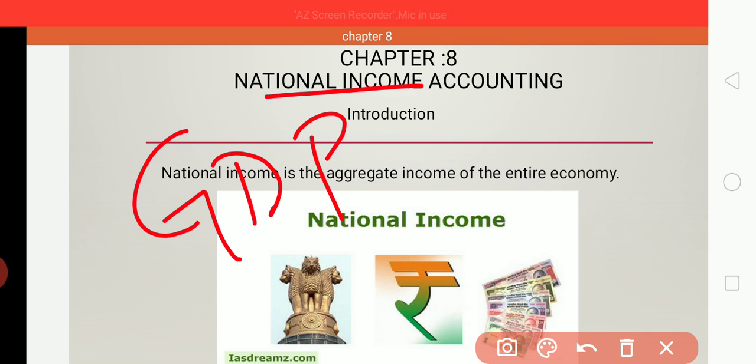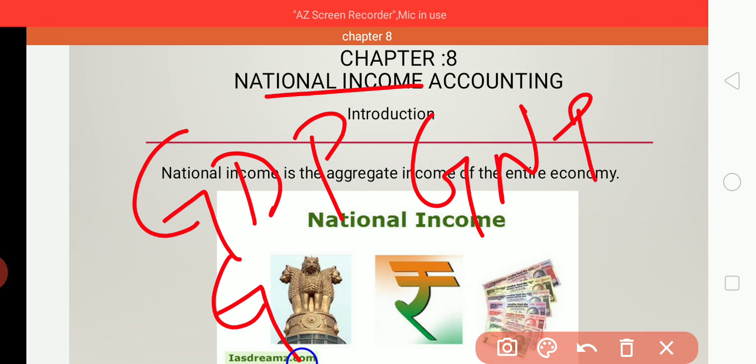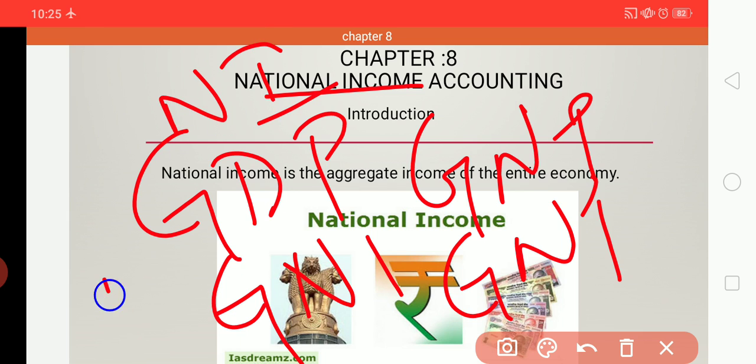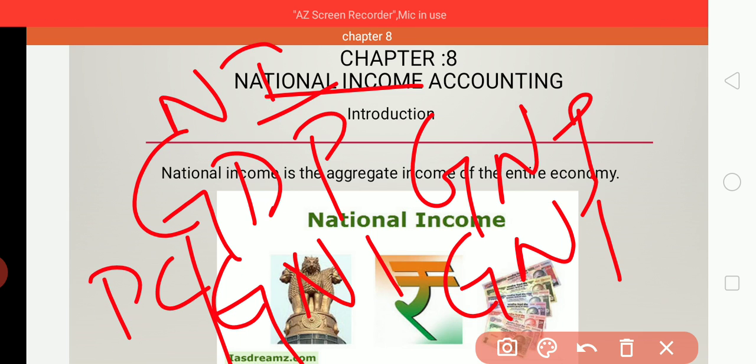National income, we put it in terms of GDP, GNP, gross national income, gross national product, per capita income. Like this, many things like the consumer price index, wholesale price index. All this we are going to discuss in this chapter.